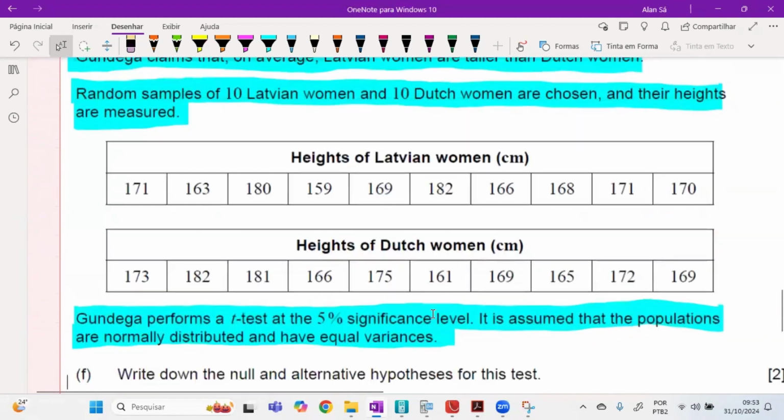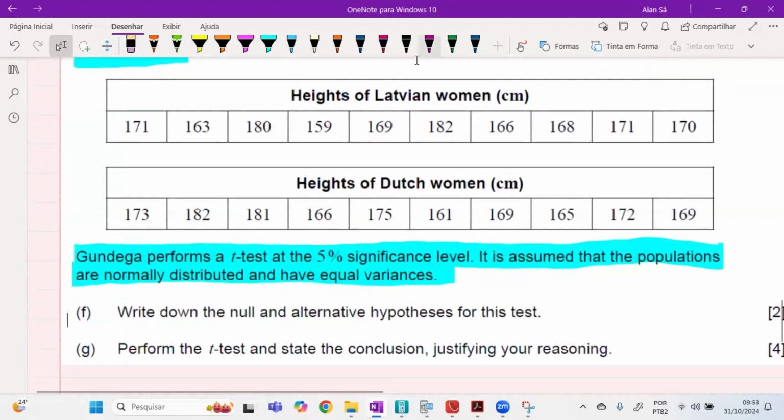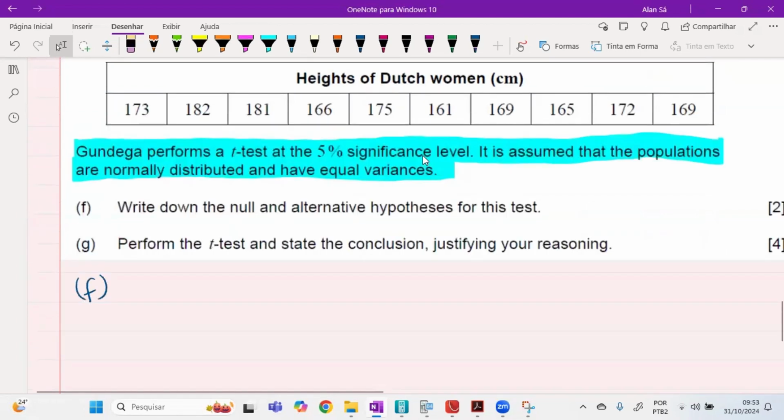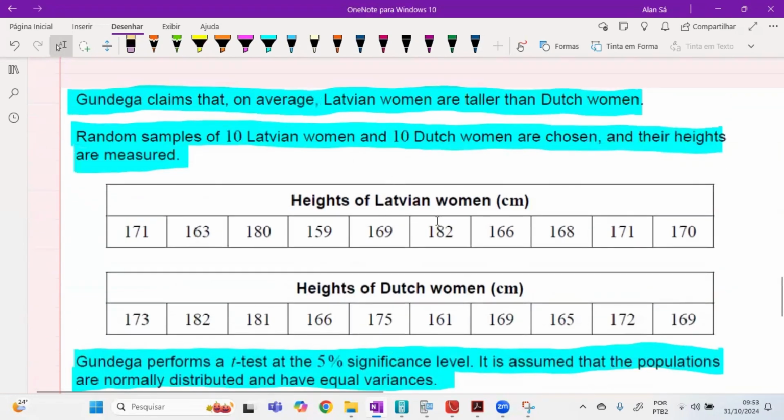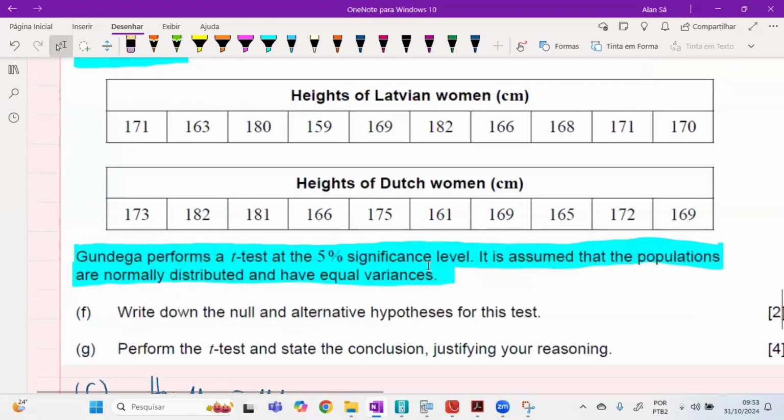So in this case, the null hypothesis is that the mean of Latvian women is equal to the population mean of Dutch women. So mu L will represent the population mean of Latvian women, mu D the population mean of Dutch women.